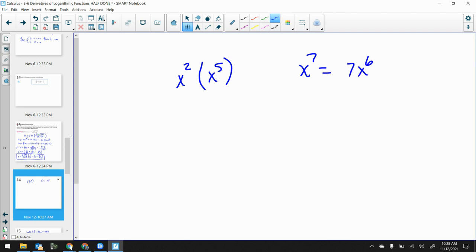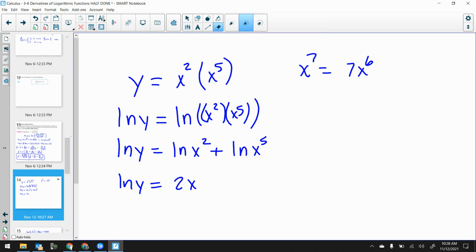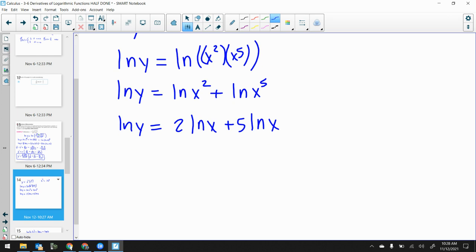Yes, that's totally fine. But if I wrote this, and I took the natural log of both sides, ln of y is ln of x squared times x to the 5th, right? And then I said, okay, well, that's ln of y is equal to ln of x squared plus ln of x to the 5th. Bring it out front. ln of y is equal to 2 ln of x plus 5 ln of x, right? And then I said, now let's differentiate.